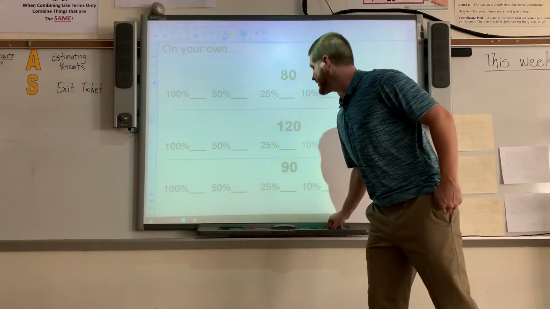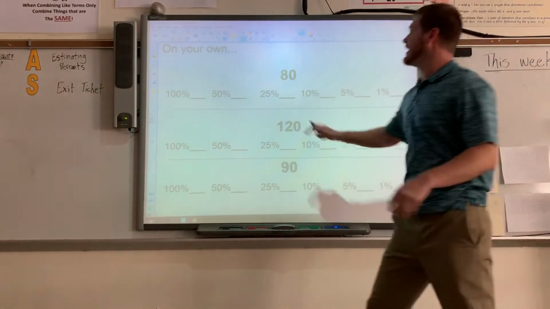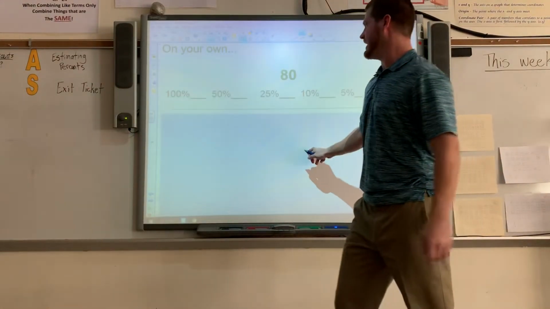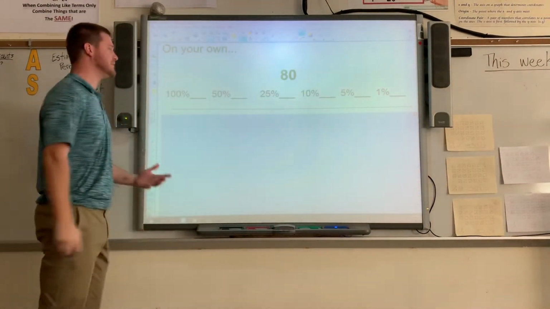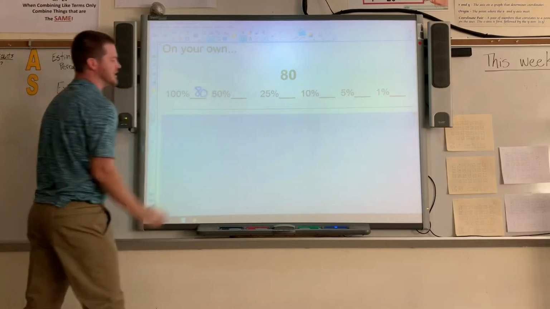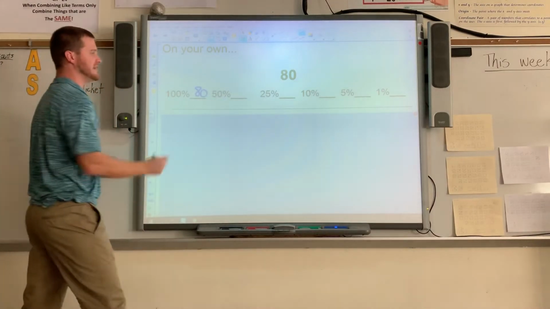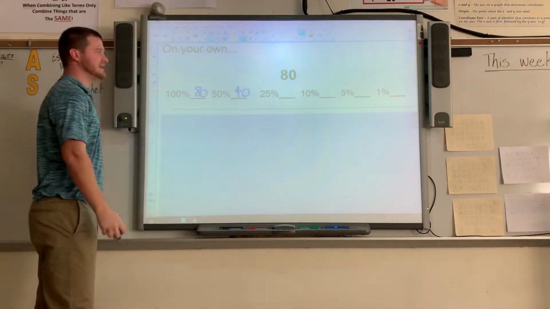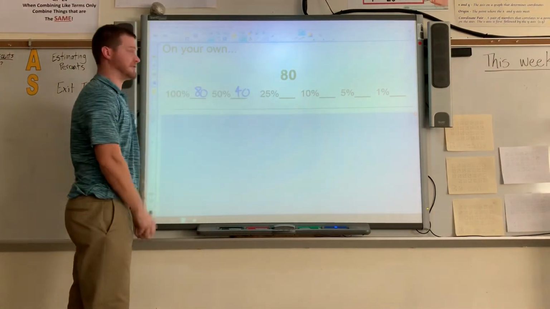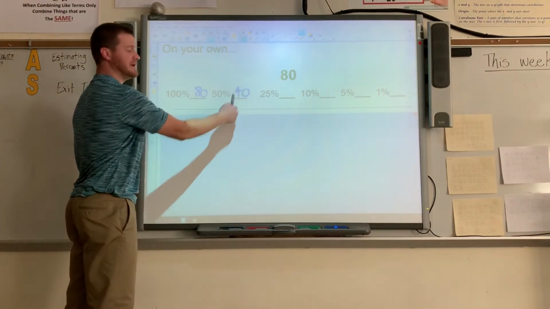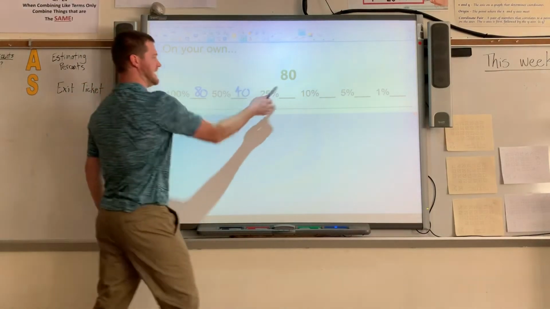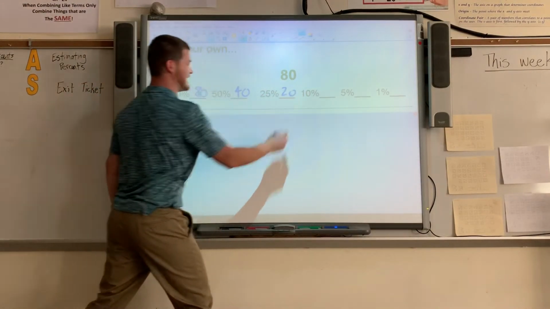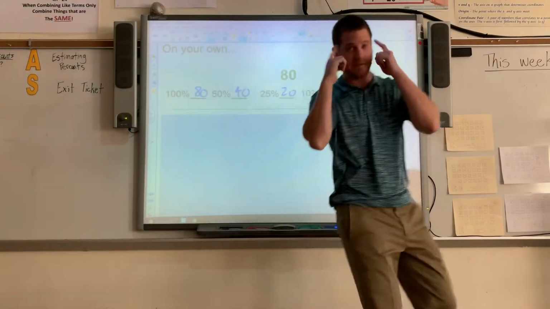All right, starting with our 80 column. Go ahead and put a shade up here. 80 column. Well, we know that 100% of any number is the whole thing. So 100% of 80 is 80. 50% we know is half, so half of 80 gives us 40. To find 25%, remember, we just take half of 50%. So half it again, half of 40, is 20. 10%, here's the mental math ones.